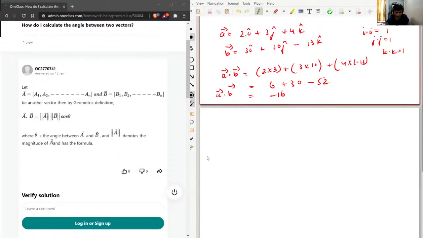For magnitude, it is nothing but square root of 2 square plus 3 square plus 4 square. So it is 5.385.